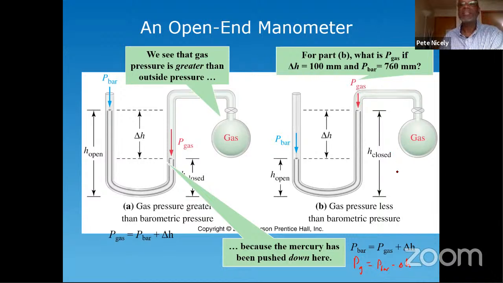So that would be barometric pressure, which is 760 millimeters mercury, minus 100 millimeters mercury, which would be equal to 660 millimeters mercury. All right, so that's basically the answer to the question that is being asked here.